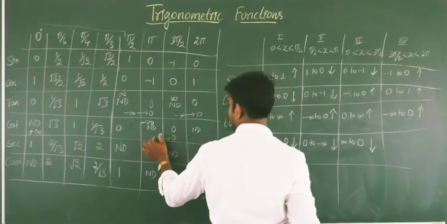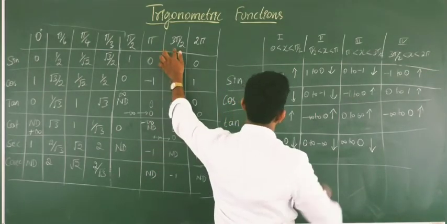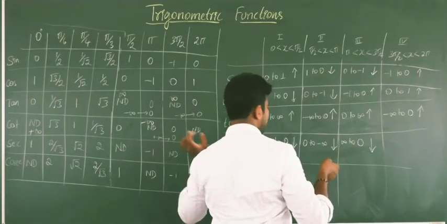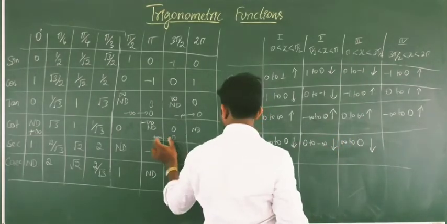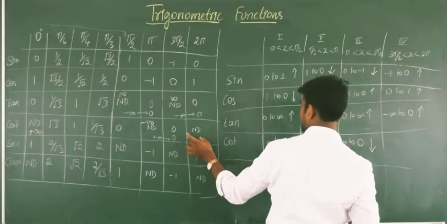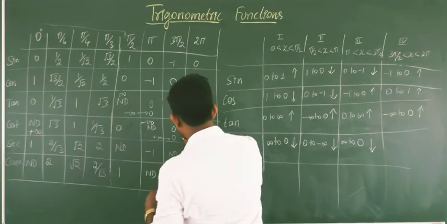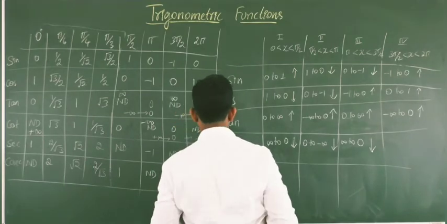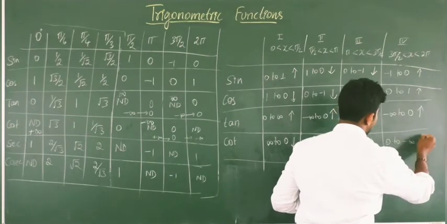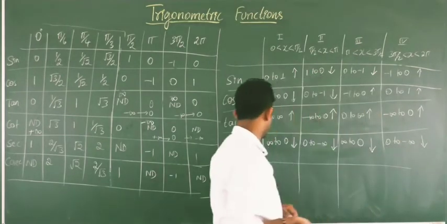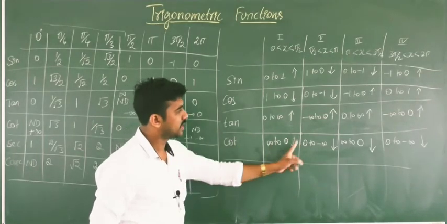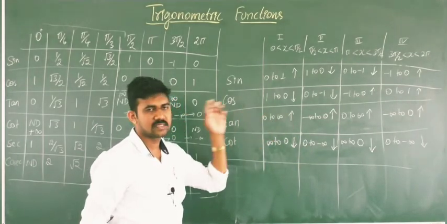In the third quadrant, means pi to 3 pi by 2, the cot value is decreasing from infinity to 0. That you can observe in the graph. And in the fourth quadrant, again it is decreasing, from 0 to minus infinity. Okay, so the cot function is always decreasing, the tan function is always increasing.